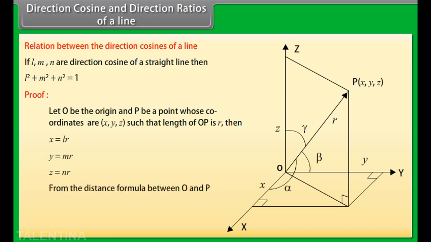From the distance formula, distance between O and P equals square root of x minus 0 square plus y minus 0 square plus z minus 0 square. So x square plus y square plus z square equals r square, name it as 1.